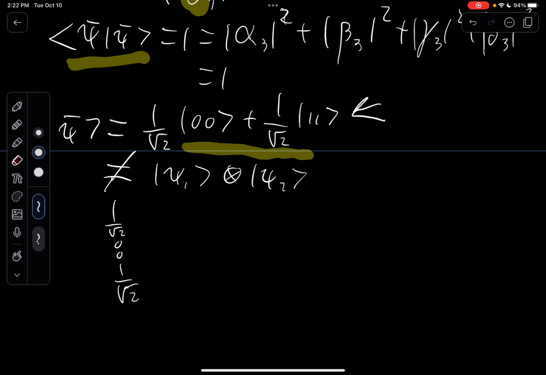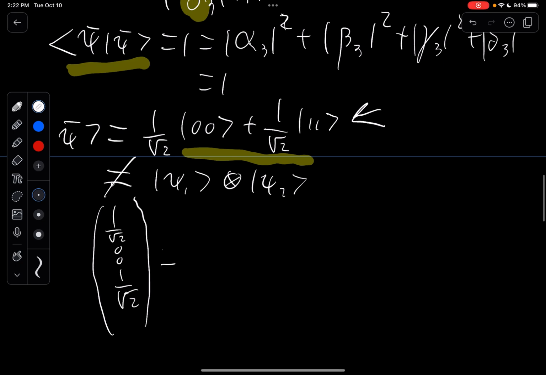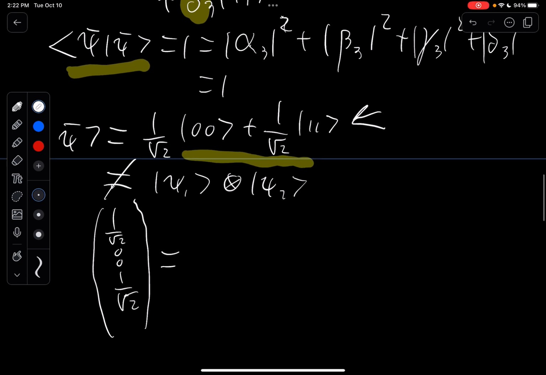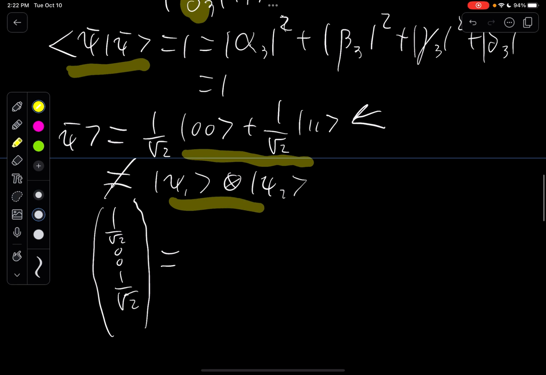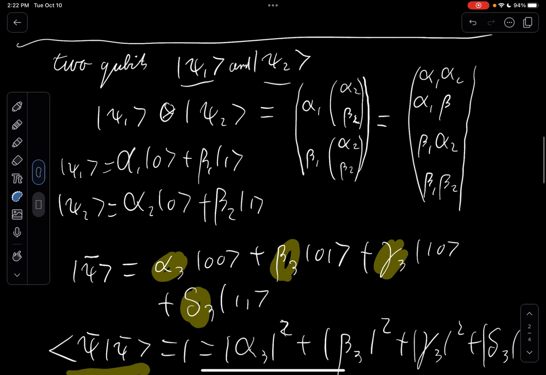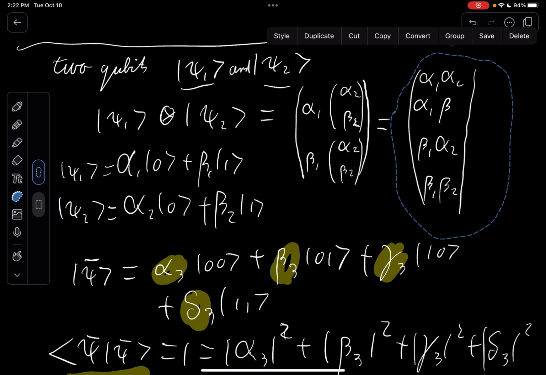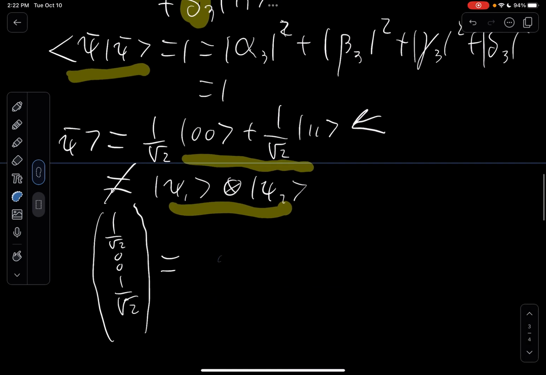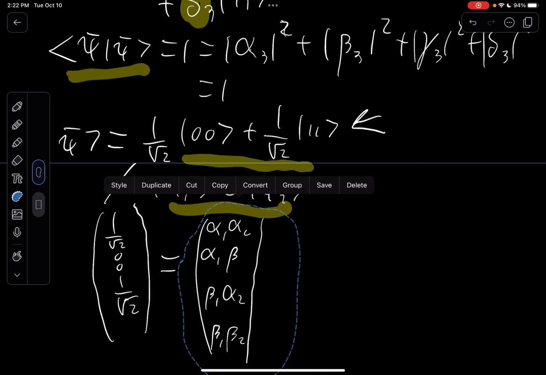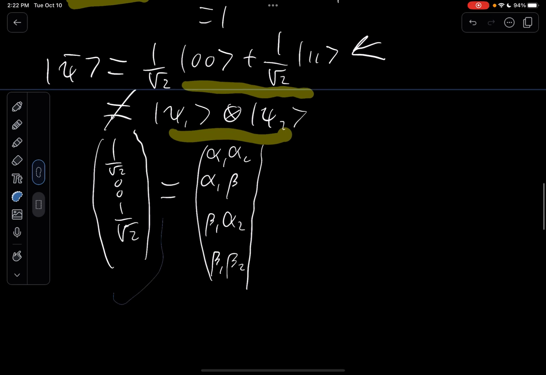Let me clean this up. And now, let's check what would happen if this were indeed of this form here. Well, we're going to go above and look at this expression we have here.